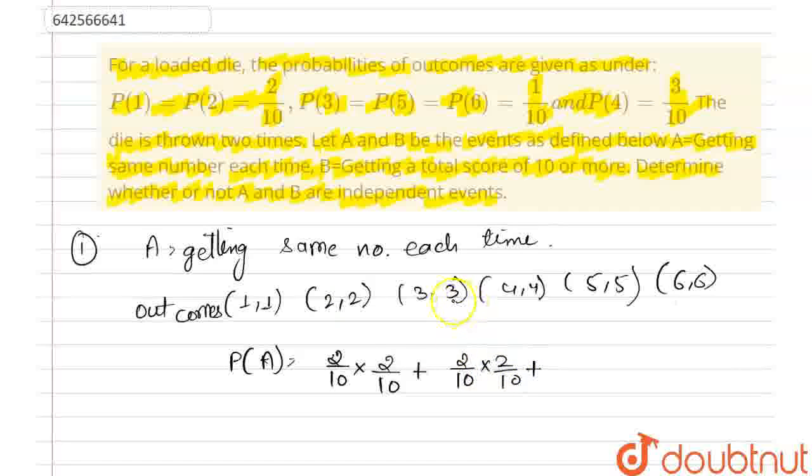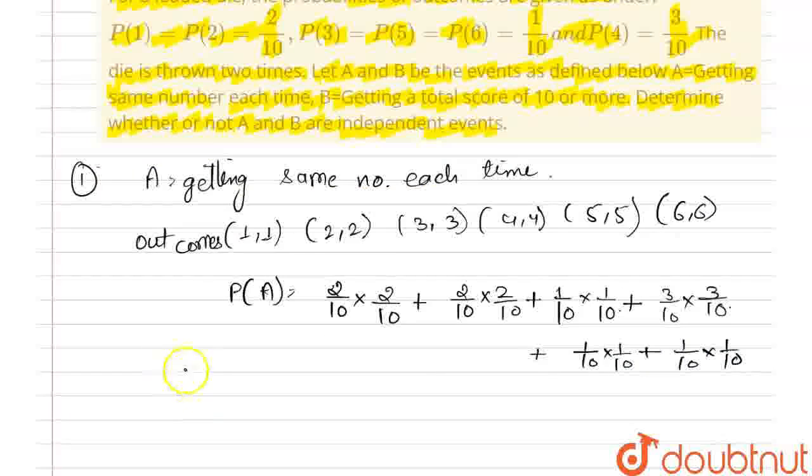Now probability of getting 3, that is 1 by 10 into 1 by 10, plus probability of getting 4, that is 3 by 10 into 3 by 10. Now probability of getting 5, that is 1 by 10 into 1 by 10, and probability of getting 6, that is also 1 by 10 into 1 by 10.